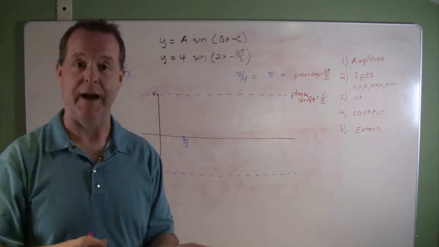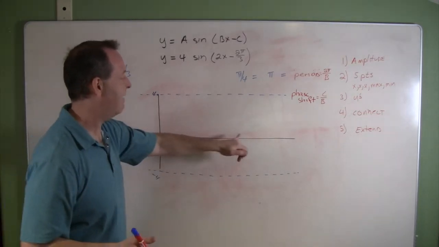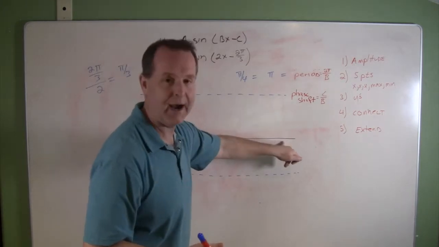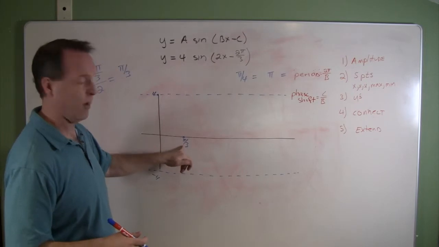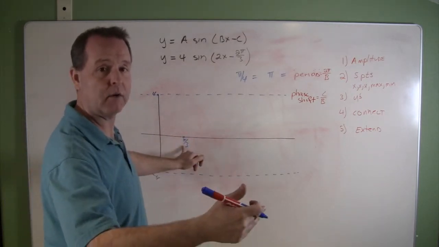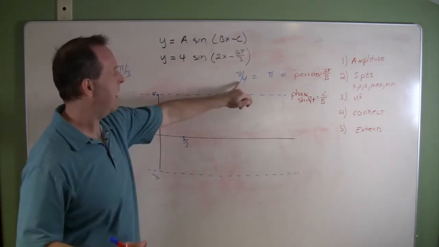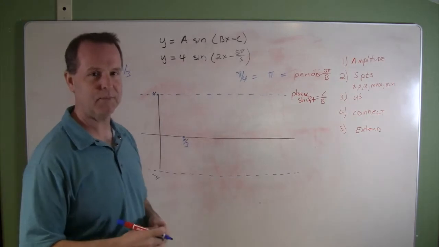In our previous graph, that was pretty easy: 0, pi fourths, pi halves, 3/4 pi, and pi. However, where it becomes a little bit difficult this time is that our starting point is at pi thirds. So the next interesting part of our graph happens pi fourths beyond pi thirds. So I have to figure out where some of those points are.